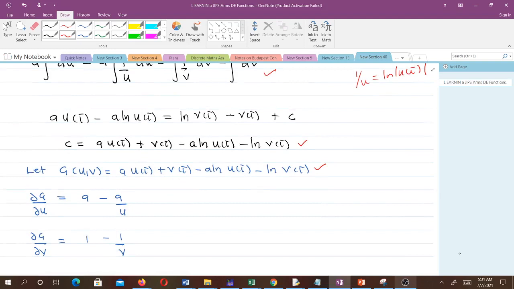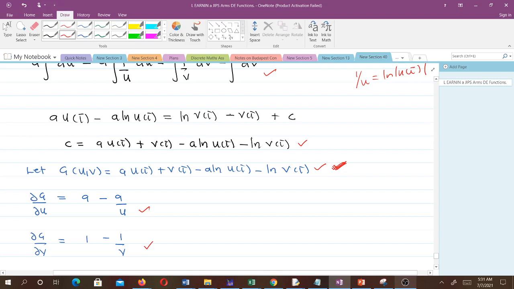After finding our function g, which is a function of u and v, we have to differentiate g partially with respect to u and also partially with respect to v. Del g del u gives us minus a over u when you differentiate partially with respect to u. When you differentiate partially with respect to v, you get 1 minus 1 over v.